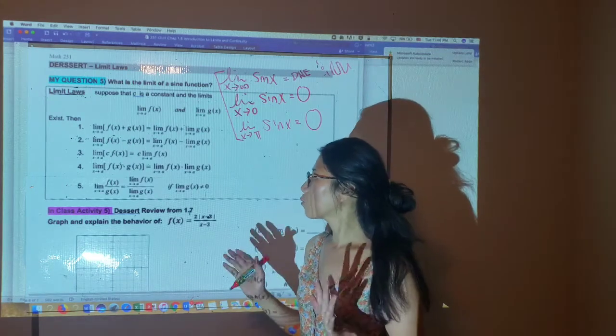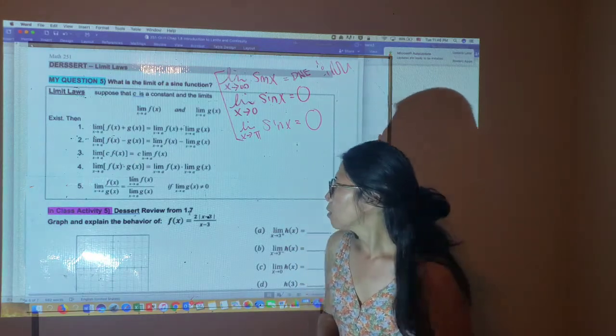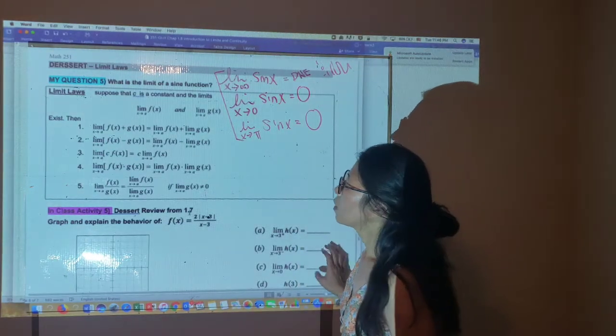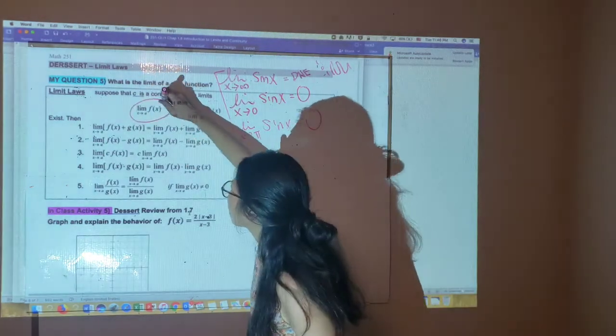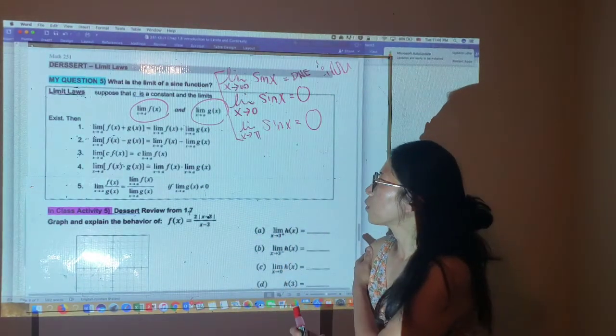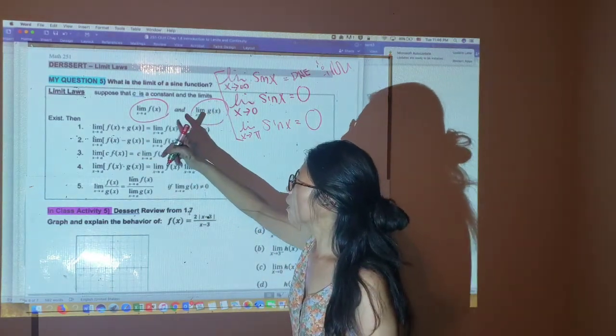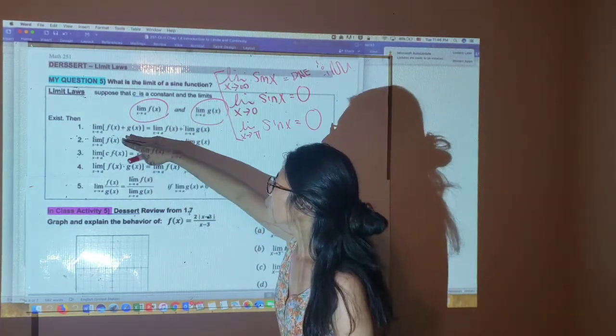Then today, at the very end, we are going to talk about the limit laws briefly, and then we do one more question and we'll be done. In the limit, hopefully it doesn't have to be a continuous function, but if two limits exist, then you can use algebra.